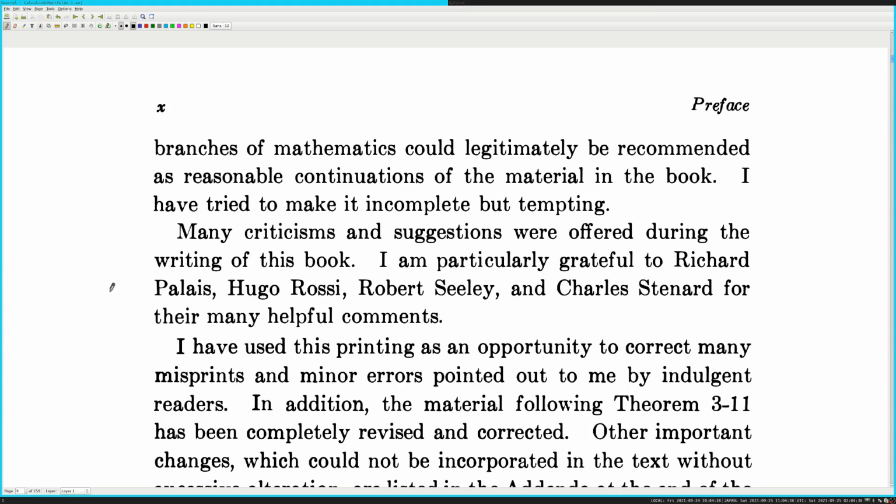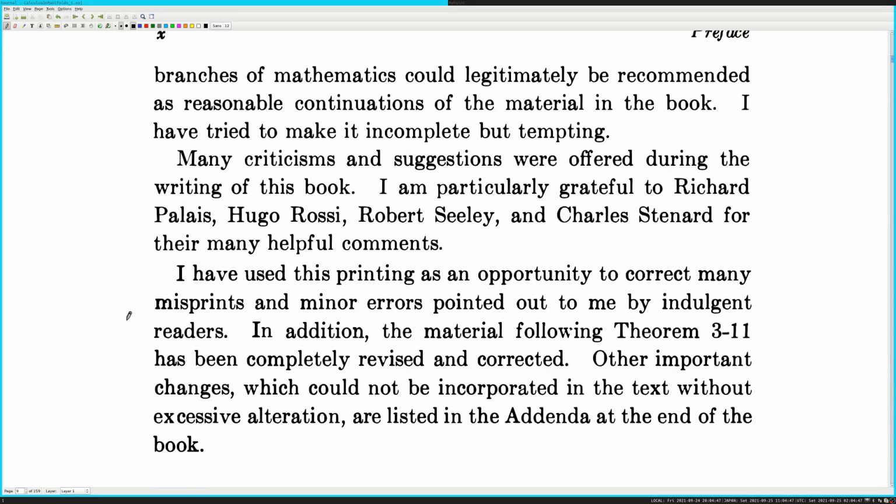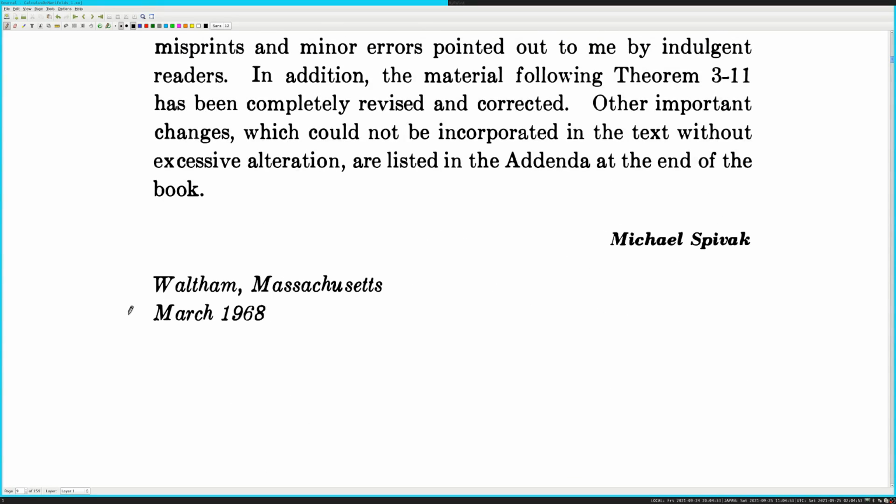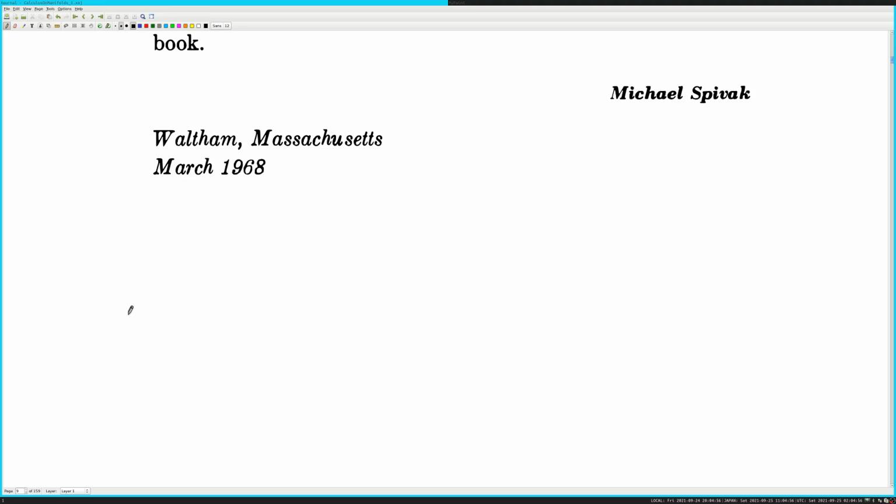In addition, the material following Theorem 3-11 has been completely revised and corrected. Other important changes, which could not be incorporated in the text without excessive alteration, are listed in the addenda at the end of the book. Michael Spivak, Waltham, Massachusetts, March 1968.